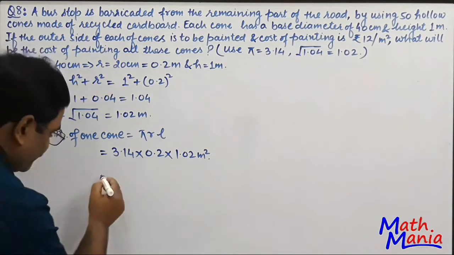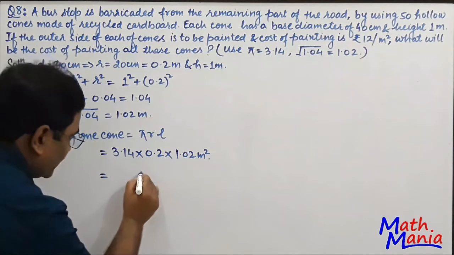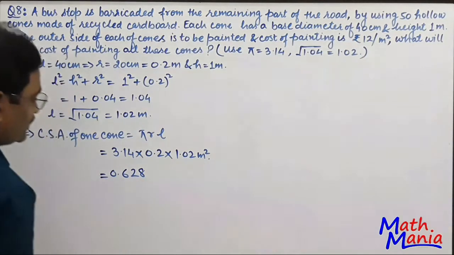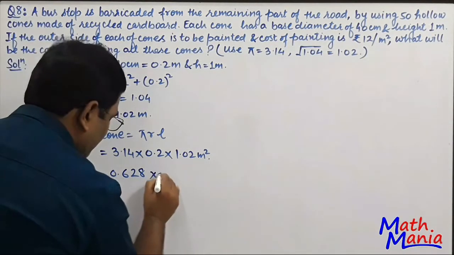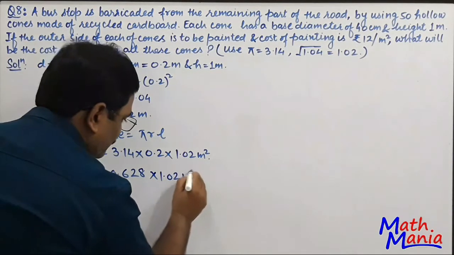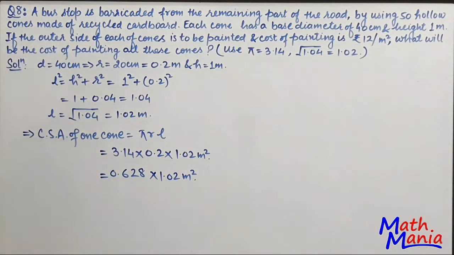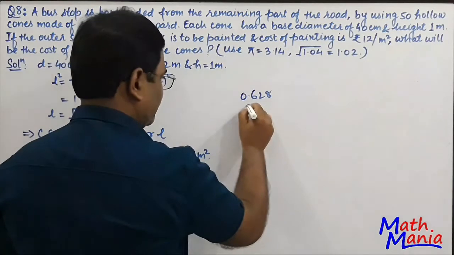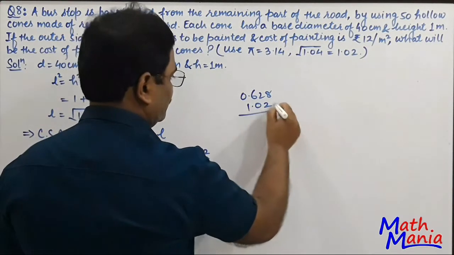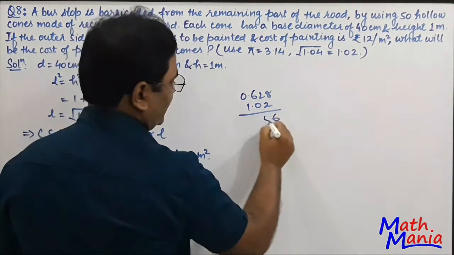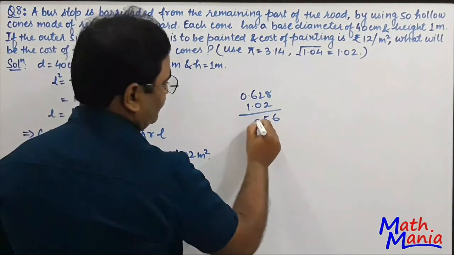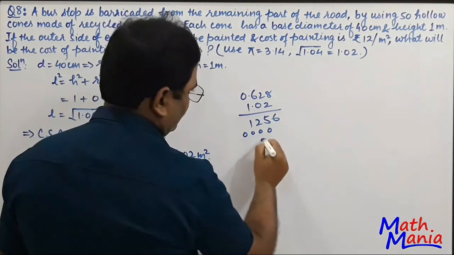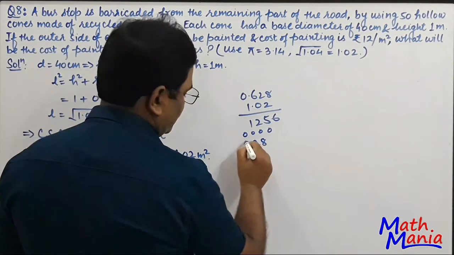So let's multiply it. 2 4s are 8, 2 1s are 2, and 2 3s are 6, means 0.628 multiplied by 1.02 meter square. Let's multiply this also: 0.628 multiplied by 1.02. 2 8s are 16, 2 2s are 4 plus 1 is 5, 2 6s are 12, 0, then 8, 2, 6.